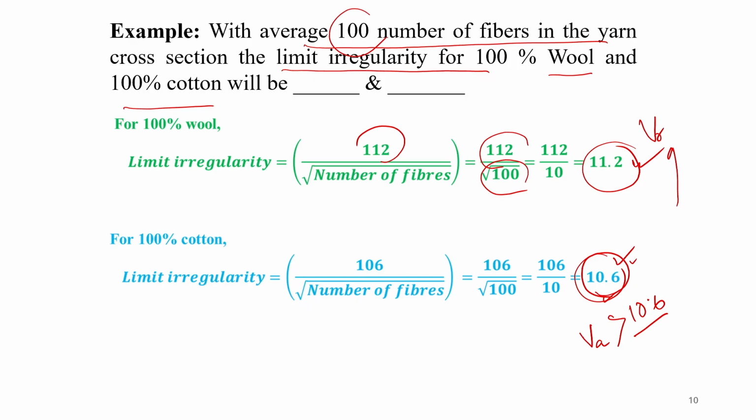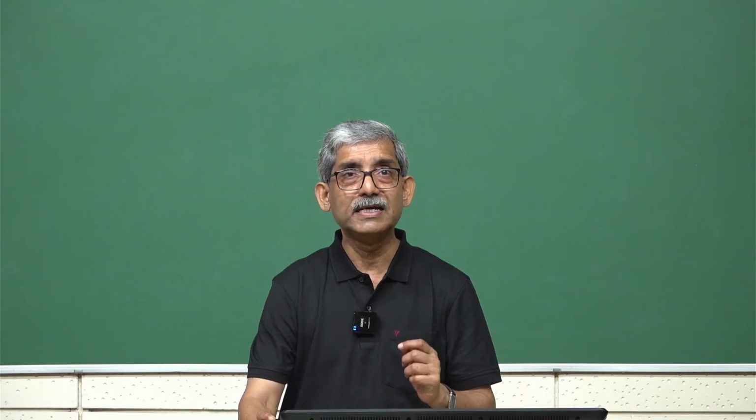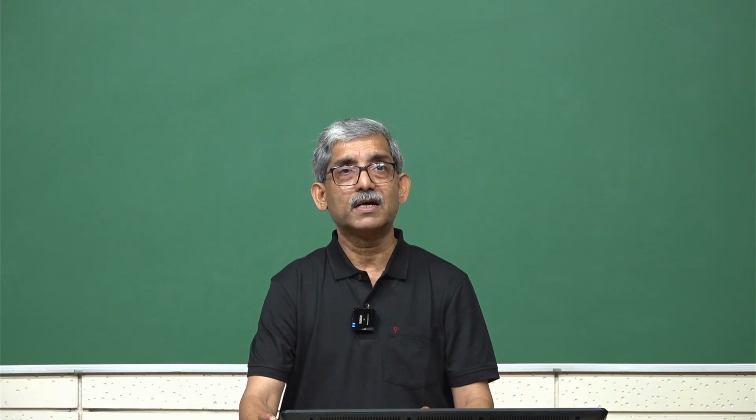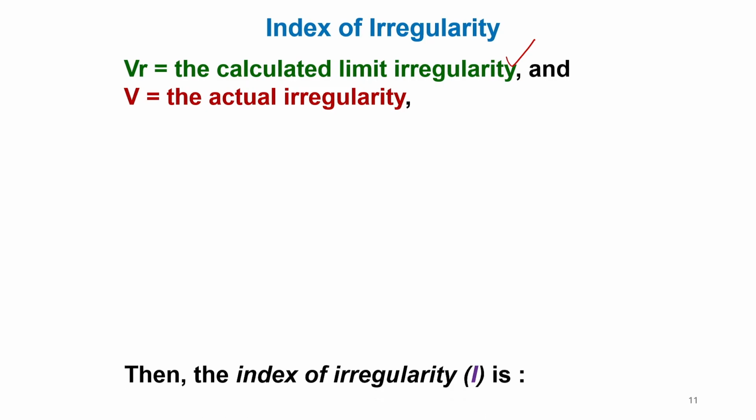Then how do we judge this performance? To judge this performance, we have one parameter known as index of irregularity. V_r is the calculated limit irregularity and V is the actual irregularity of the product. For sliver, we can calculate the limit irregularity by knowing the number of fibers in the cross section, and the actual irregularity we can measure.